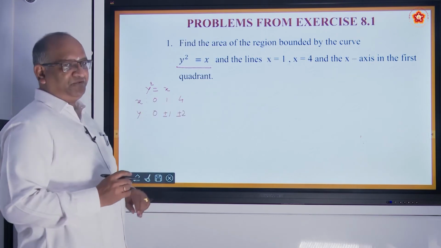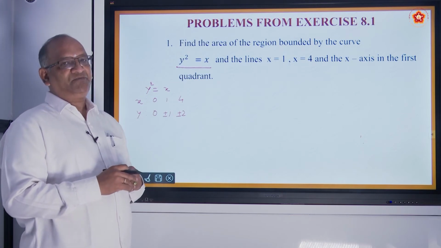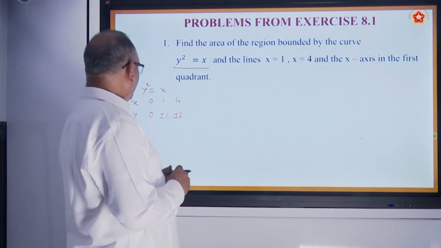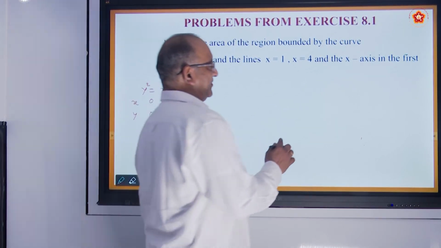And this should be good enough because we already got 5 points. With the help of that we can draw the curve. So draw the curve. You can see that no negative values of x here.